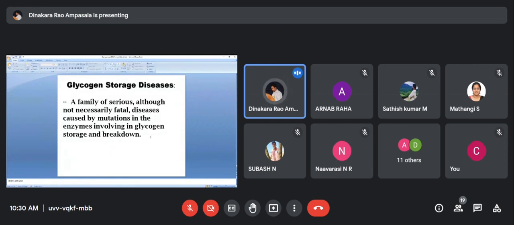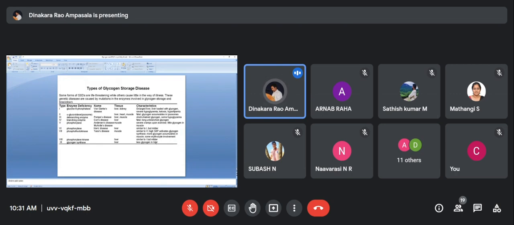There are many abnormal conditions if you have abnormality in glycogen metabolism. A family of diseases, although not necessarily fatal, are caused by mutations in the enzymes involved in glycogen breakdown. Here you can see many enzymes listed, which are involved in glucose metabolism, and the abnormality of these particular enzymes, and the names of the diseases are also listed.